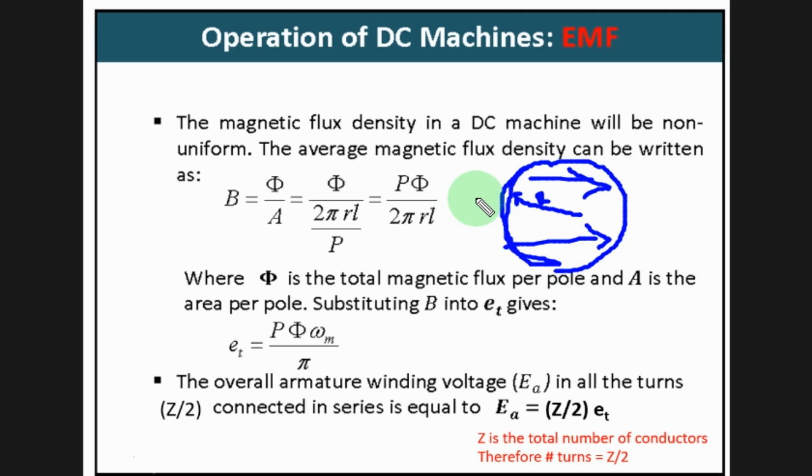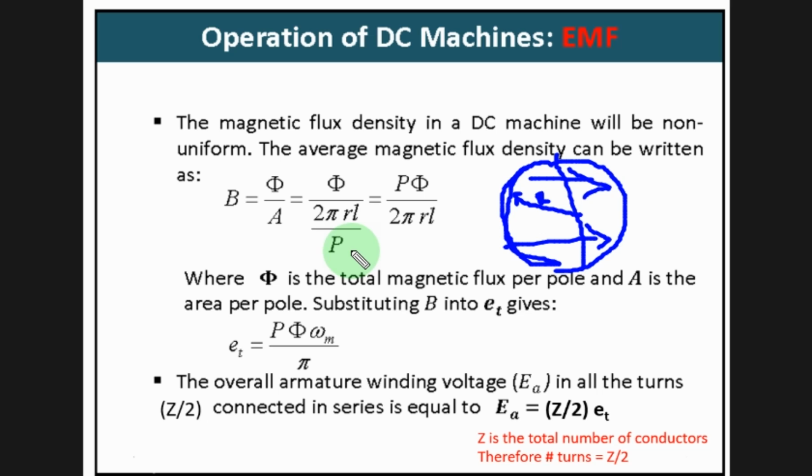But if you have two poles, this will be divided into two, because one pole is this side and the other pole is this side. So the average cross-sectional area in that case will be 2 pi r l over P. The 2 pi r l is the total area of this surface, and you divide it by the number of poles.